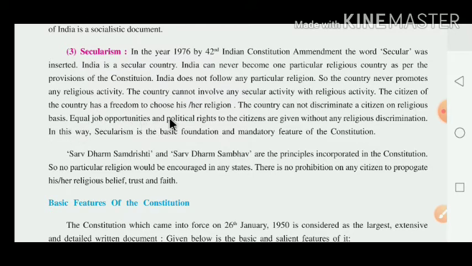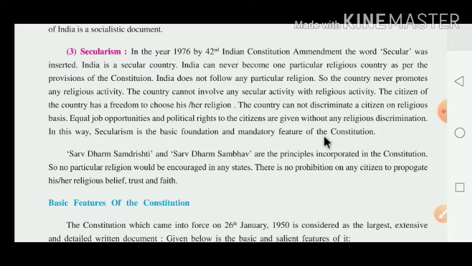Equal job opportunity and political rights are given to the citizen without any religious discrimination. In this way, secularism is the basic foundation and a mandatory feature of the Constitution.